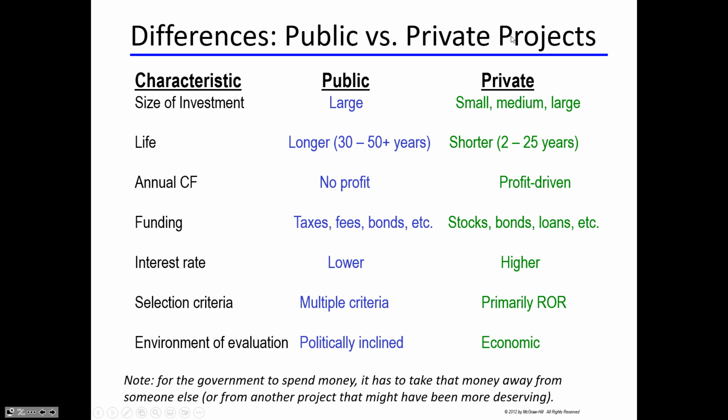Just to compare and contrast some of the characteristics of the private company projects and large public projects that we are going to be talking about now. One of the reasons why sometimes the public has to do certain projects is that it costs so much money to make the initial investment.